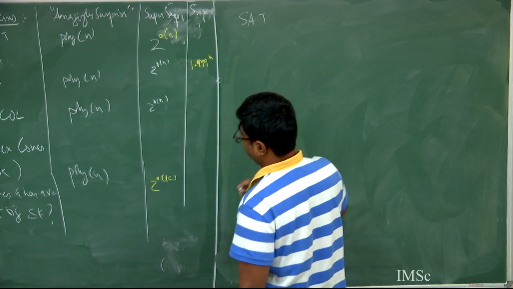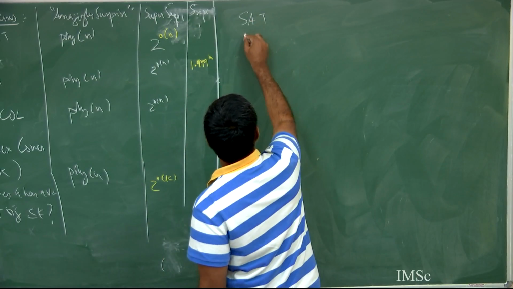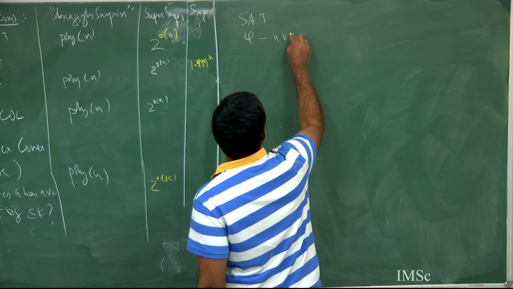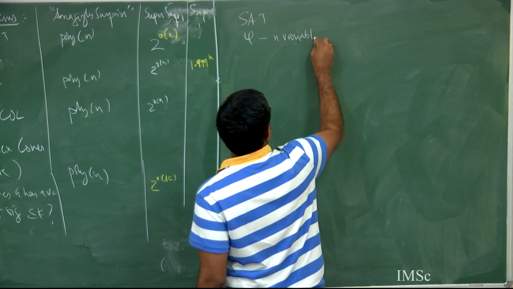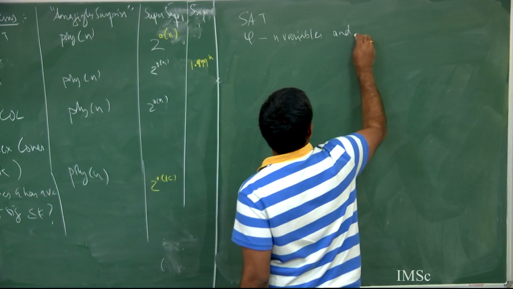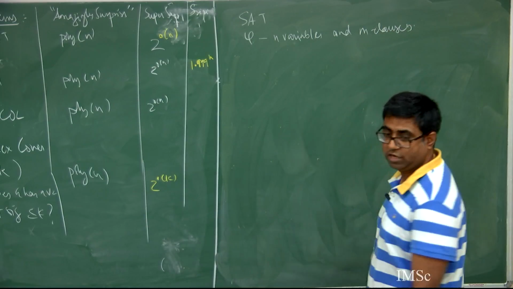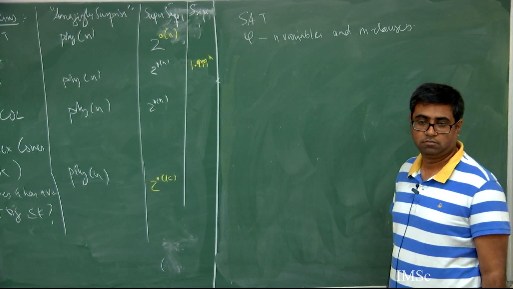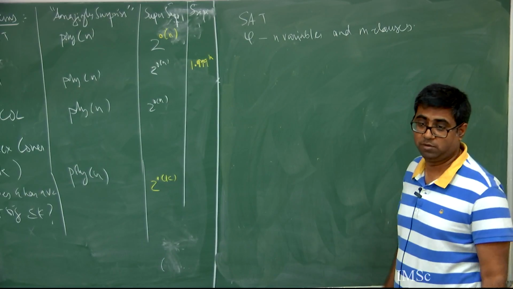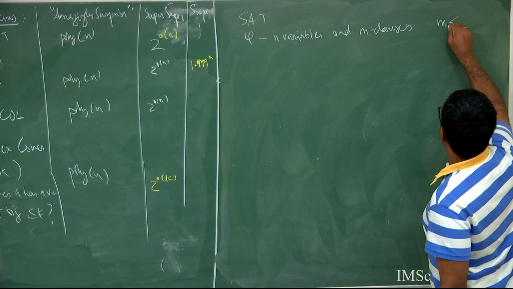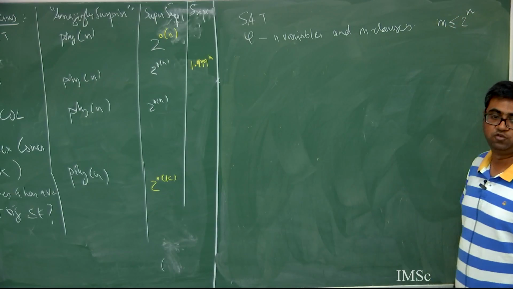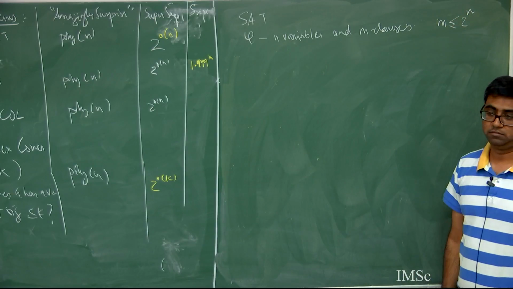What is an instance? I give you a formula phi in n variables and m clauses. How many clauses can it have? We don't know any bound. M could be as bad as 2 to the power n because it's just SAT.